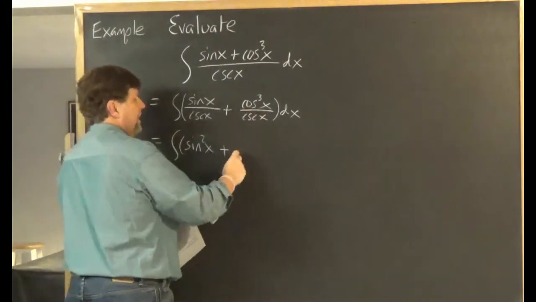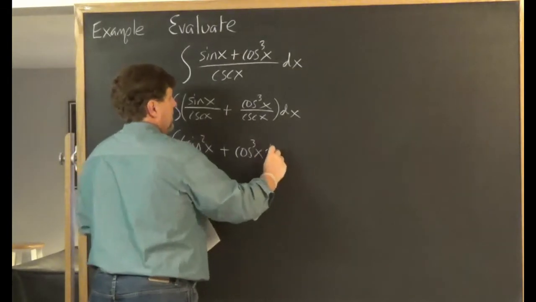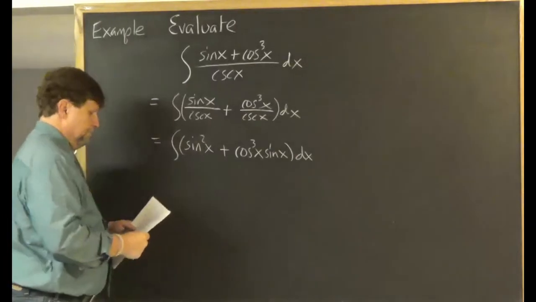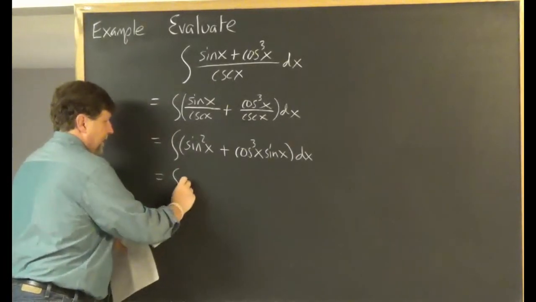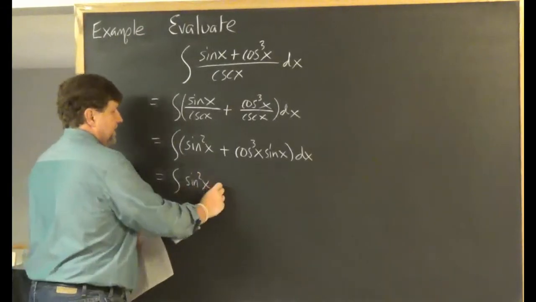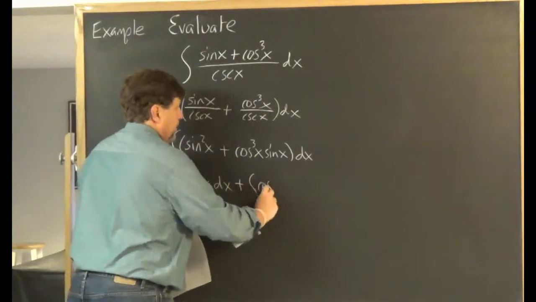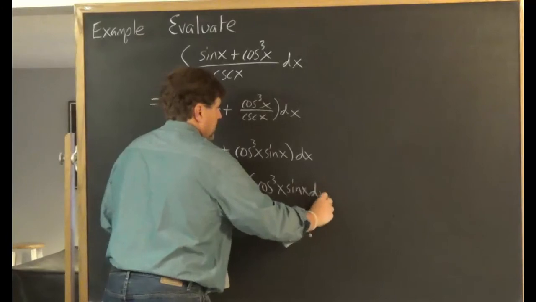Likewise, this would become cosine cubed x times sine x. I'm going to attack these two in different ways. So let me write this as the integral of sine squared x dx plus the integral of cosine cubed x sine x dx.